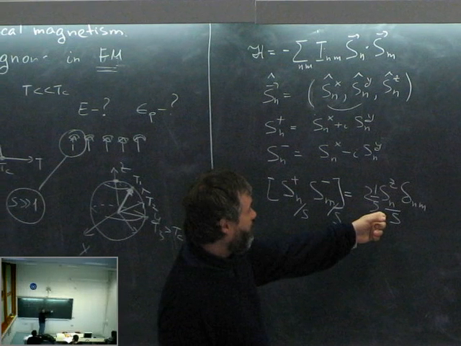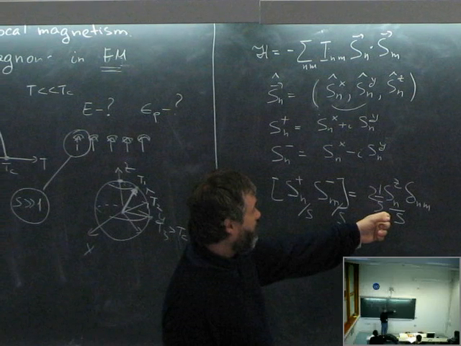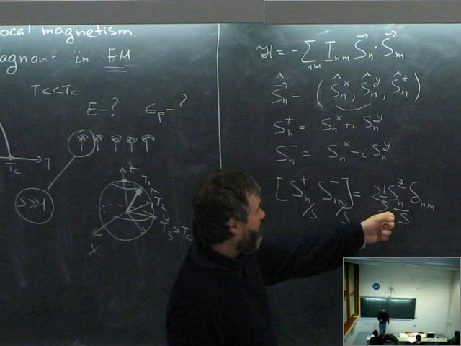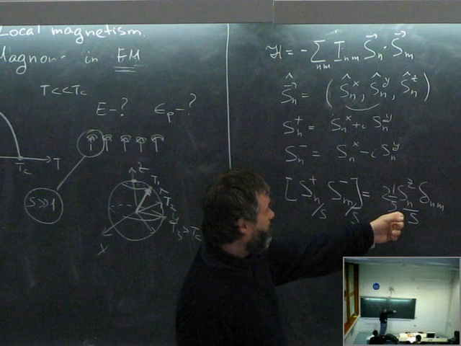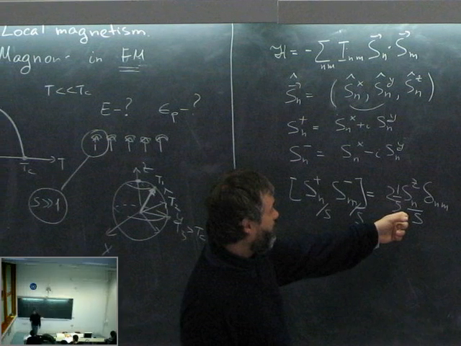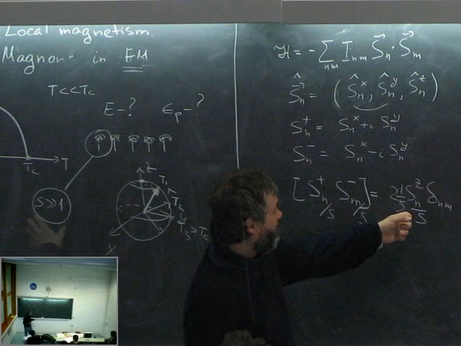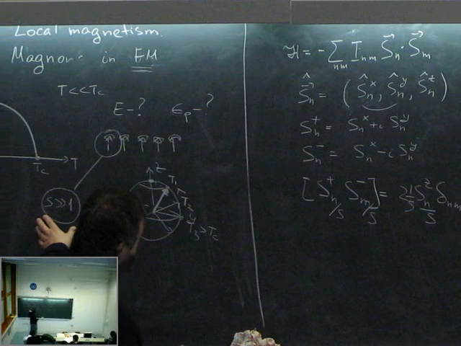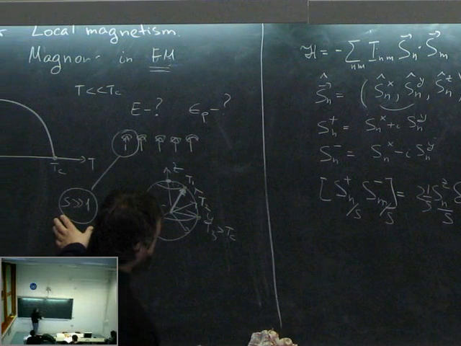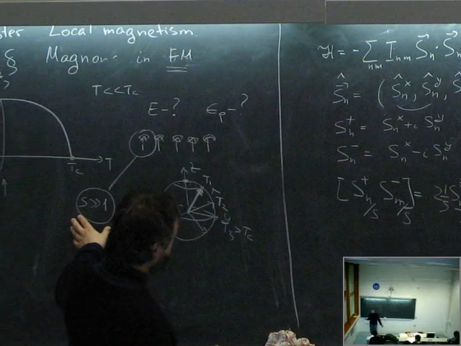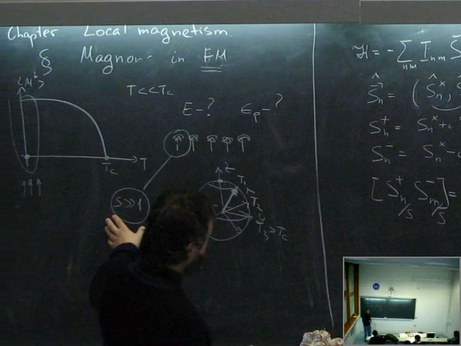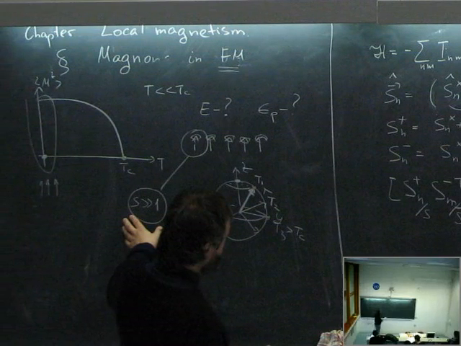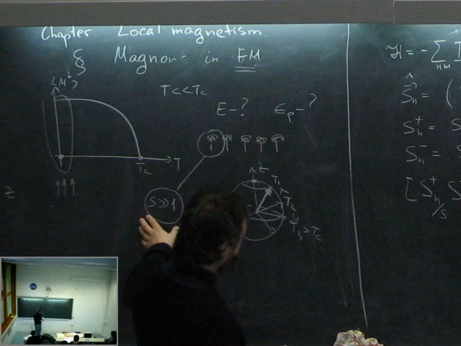However, on the right hand side we have one additional 1 over S. So if S is sufficiently large, we can say that, with a good approximation, the right hand side is 0. Therefore, for large spin, these operators behave very much like bosons. And we will use this property when we construct the commutation relations.